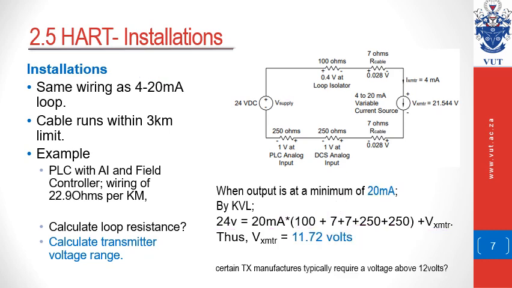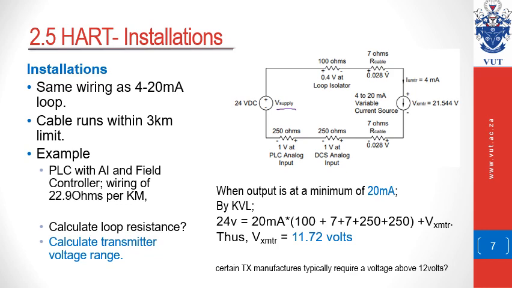To complete our analysis, we have to consider the other extreme case, when the current is 20 milliamps. Once again, using Kirchhoff's voltage law, the voltage supplied by our power supply will be equal to the total voltage across this loop, which means the voltage dissipated across all of these resistors plus the voltage across the transmitter.